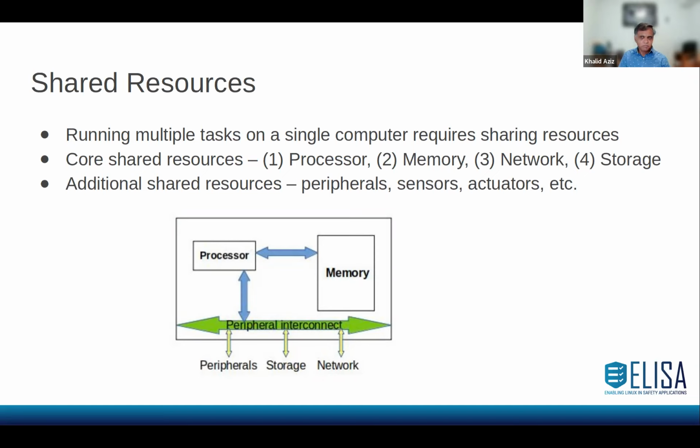Most systems will have some sort of peripherals, keyboard, mouse, cameras. And then very often, embedded systems especially will have additional sensors. They might have actuators, so they can control a mechanical system out there. So all of these resources are shared, and the kernel needs to make sure that everyone who needs access to the resources gets access at the time they need it.